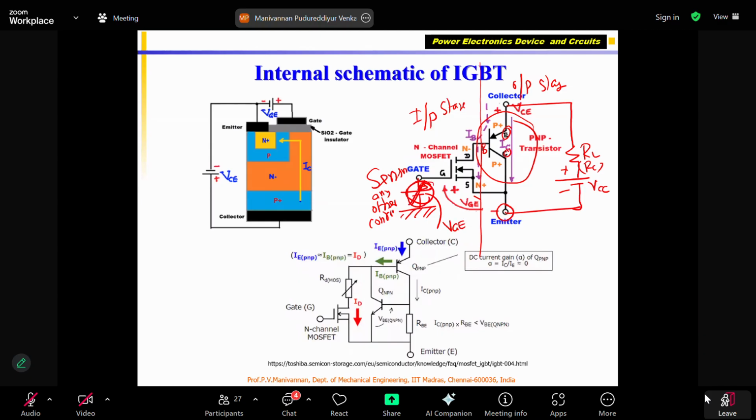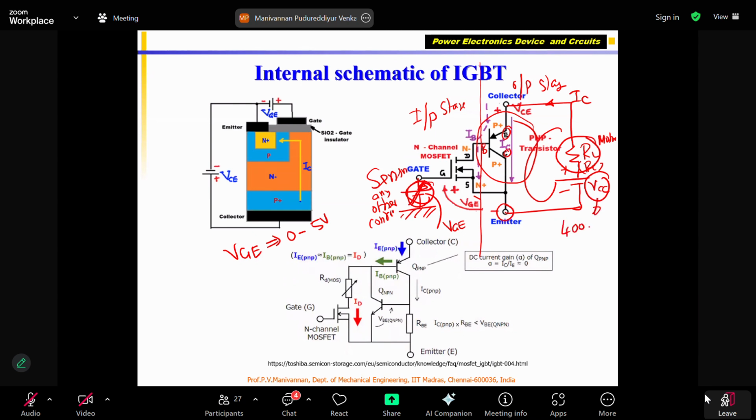If I vary this VGE from 0 to 5 volts, just like MOSFET, what will be the output? This IC. IC is the output current flowing from the power supply through the load to the collector. So the current is flowing like this. This is my load, correct? This can be a motor or a solenoid, whatever it may be. This voltage, generally I told you, is very high voltage.